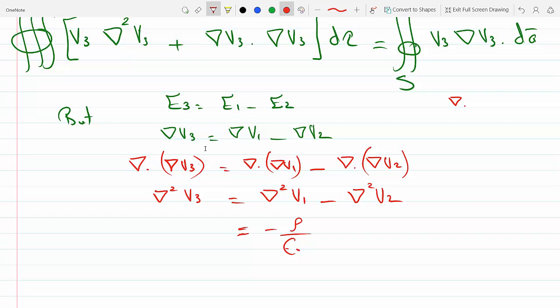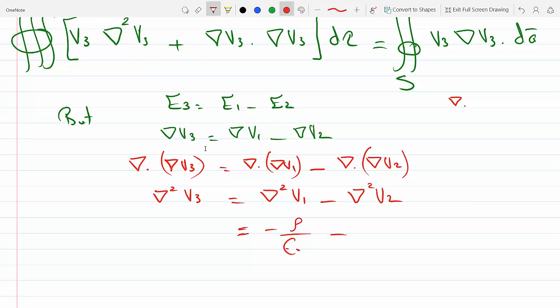But if you break it back into its E components, it's just the divergence of E1, and this is minus rho over epsilon, minus the same thing for the second one, right?